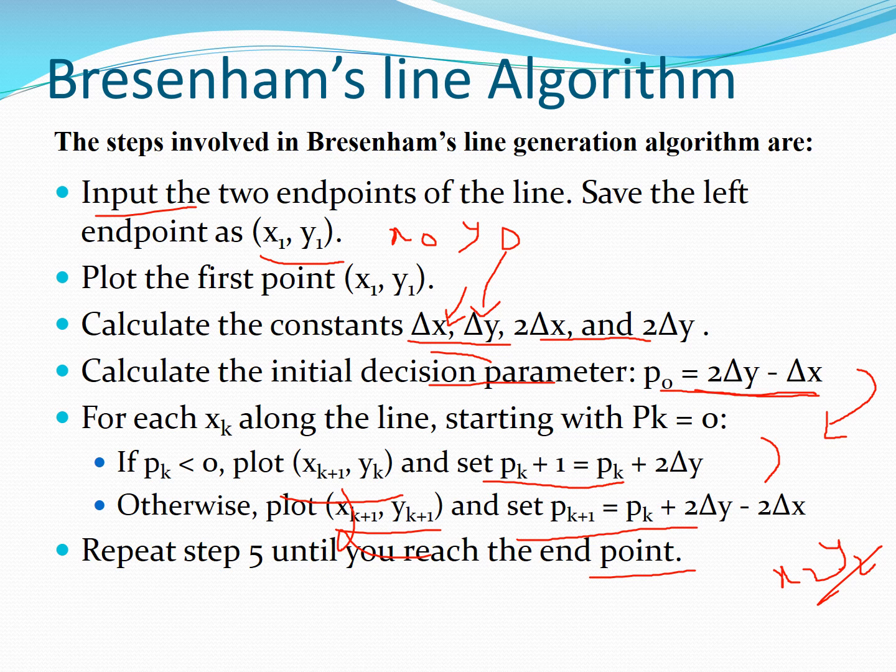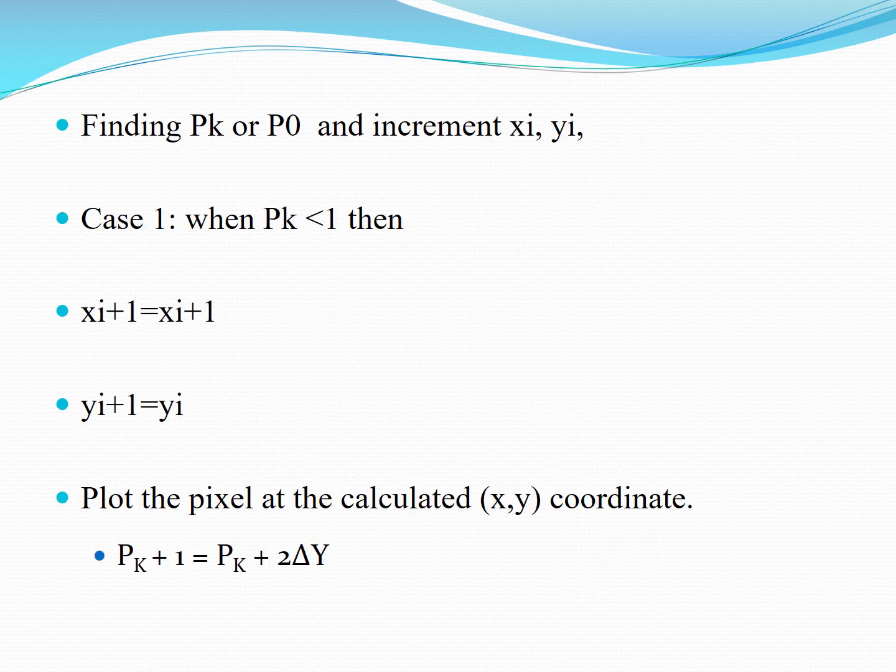Now we will solve this with an example. Here I have explained it case-wise. If Pk is negative, we increment x by 1 and y continues with the previous value, and the next Pk is Pk plus 2 delta y.